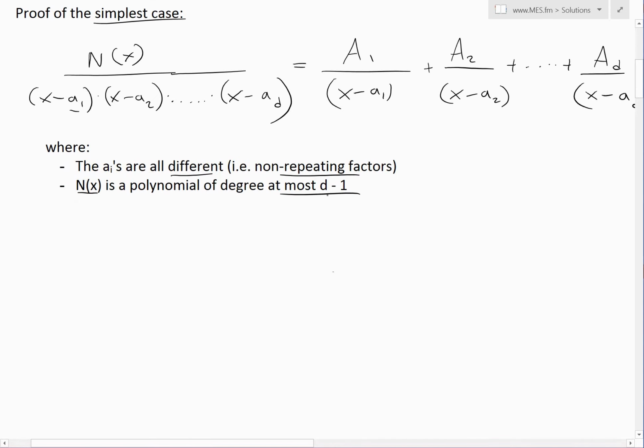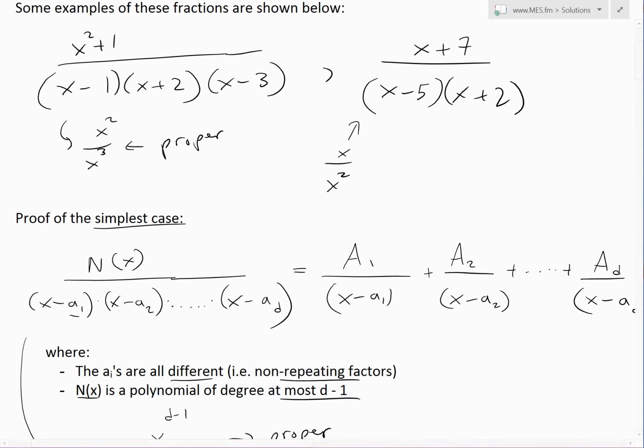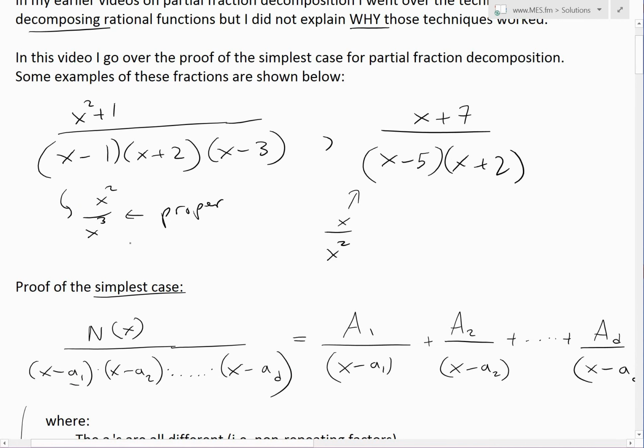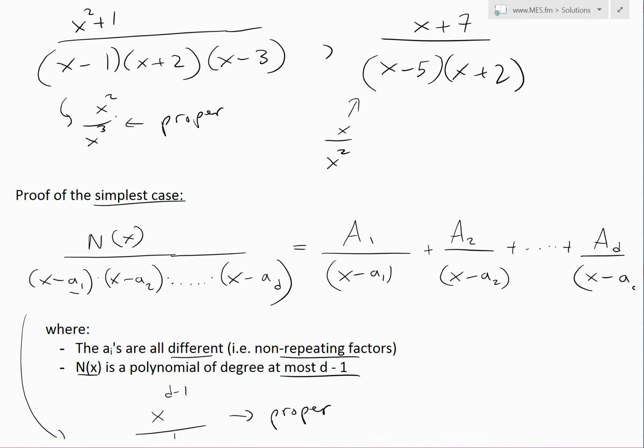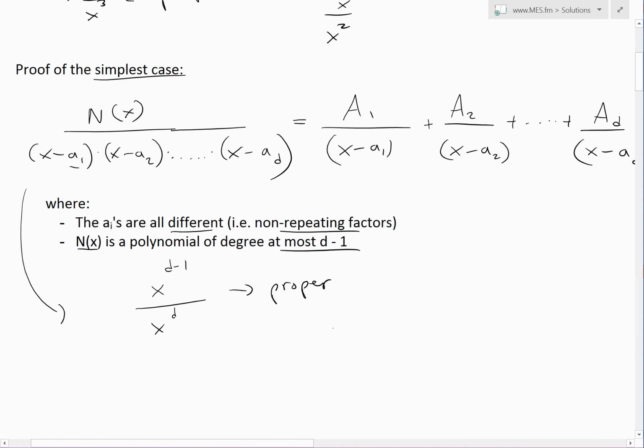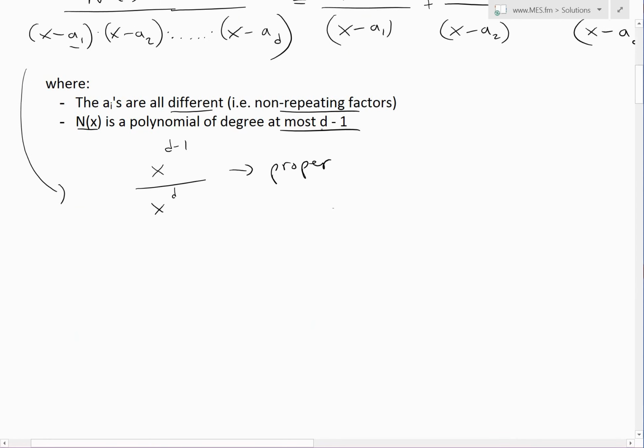So if this goes up to d, these multiply together, so if you were to multiply here, you would have an x to the d at the bottom, so the polynomial at the top has to be at most d minus 1. So this becomes proper, exactly like I showed over here. We had an x squared over x cubed, x over x squared. So this is the most it can be, but it doesn't have to be d minus 1.